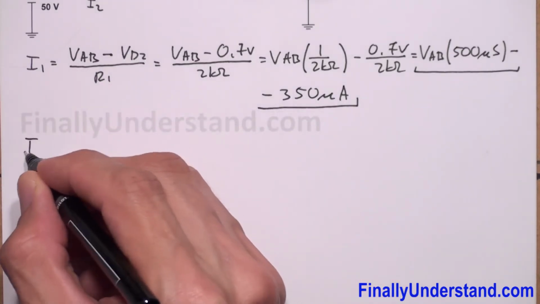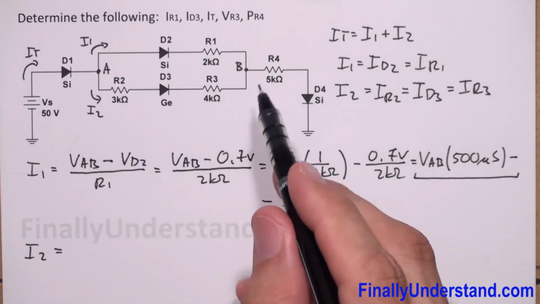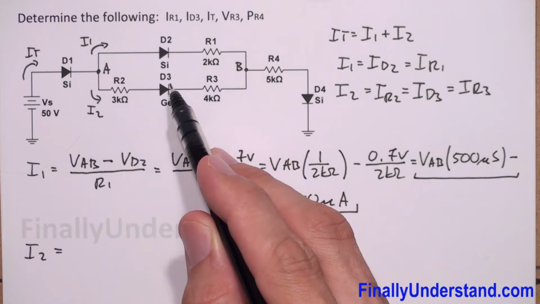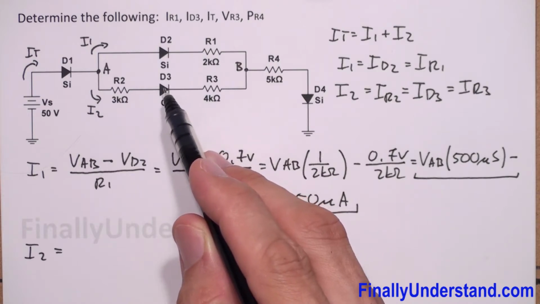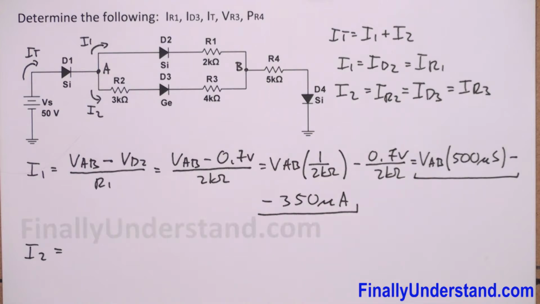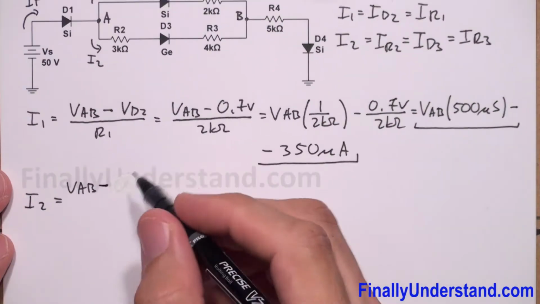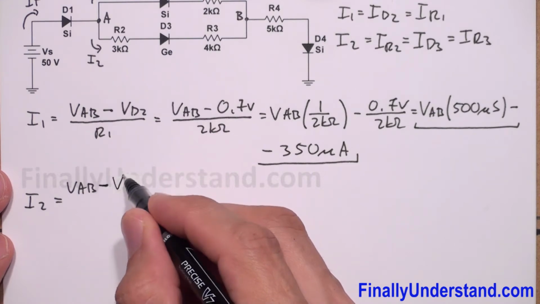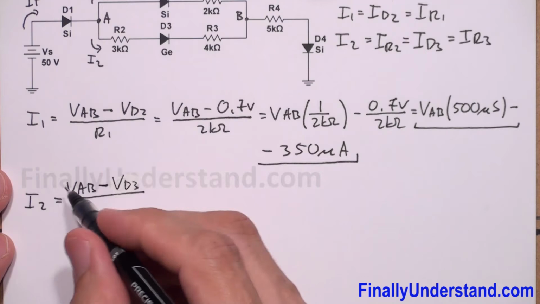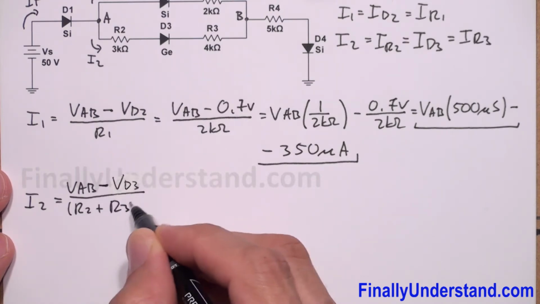I2 is equal to the voltage VAB minus the voltage drop across the diode D3, divided by the total resistance of these two resistors. So I have VAB minus VD3 over R2 plus R3.